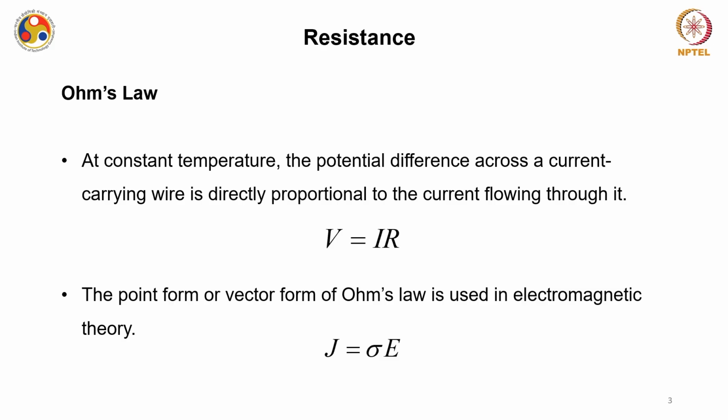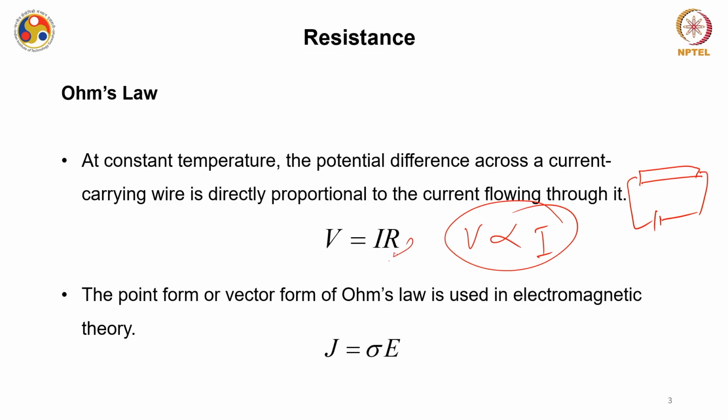Or I can write that V is directly proportional to I. Say I have this wire and I have applied some potential. For this proportionality, if I introduce a constant R, this R is known as resistance. This is, I think, covered in class 10 or before.